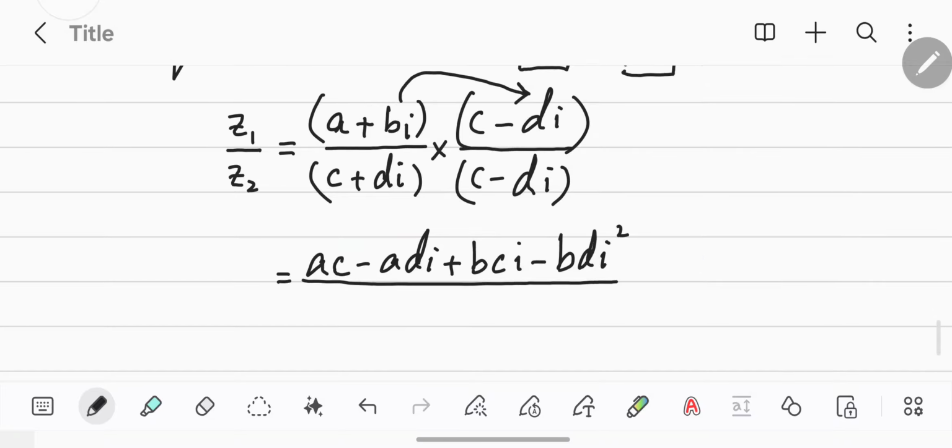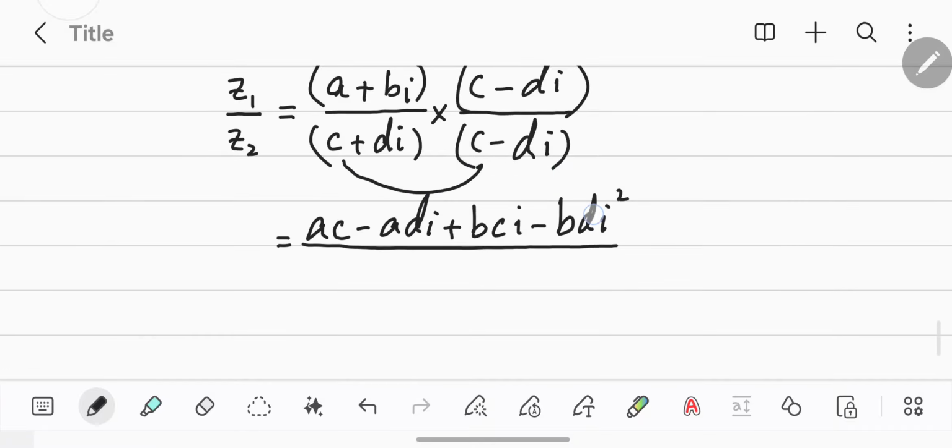Similarly, multiply the denominator with the denominator. Multiply c with c, it is c square. Multiply c with minus d iota, it is minus cd iota. Now multiply d iota with c, you will get plus cd iota or dc iota, it's the same thing.